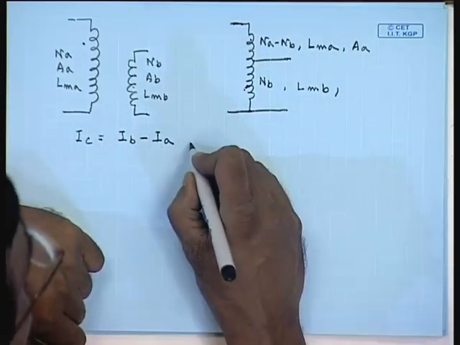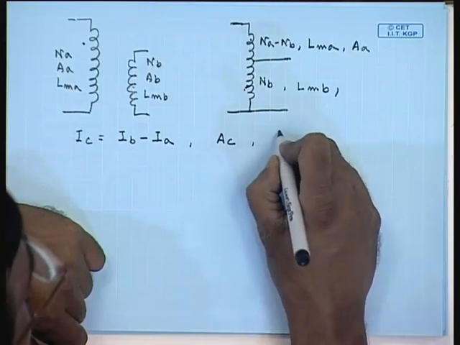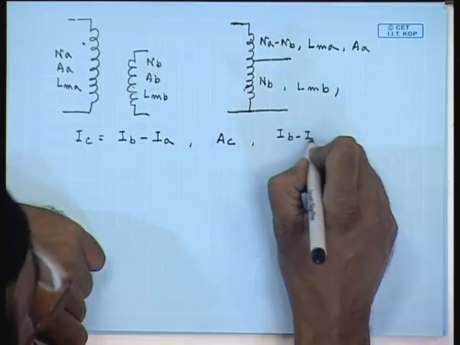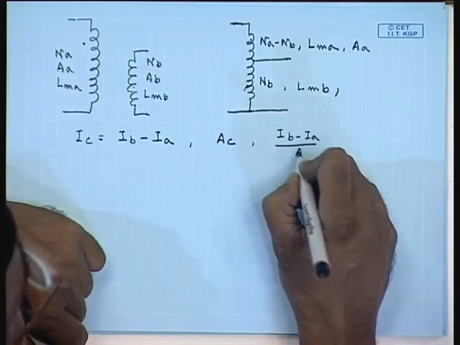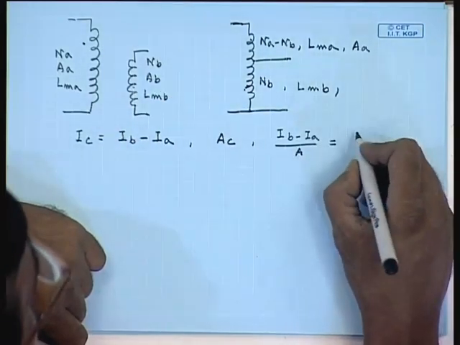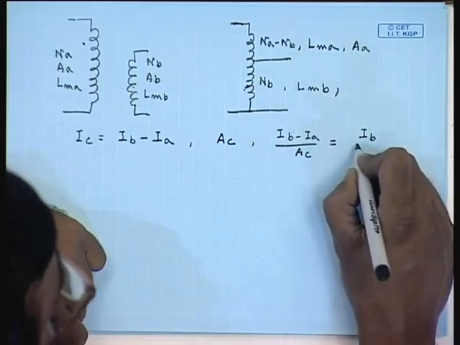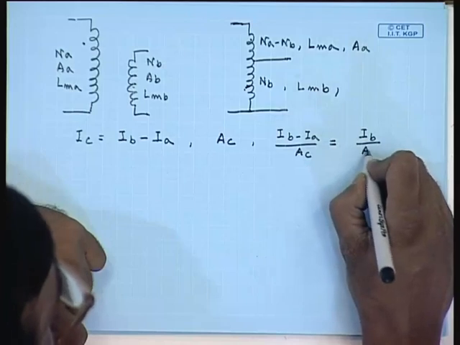So, if this part has a cross sectional area of AC, the current density is (IB minus IA) by AC. This should be the same as the current density of the LV winding of the 2 winding transformer, so this should be equal to IB by AB.